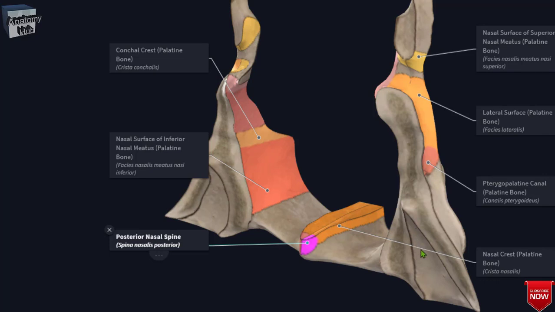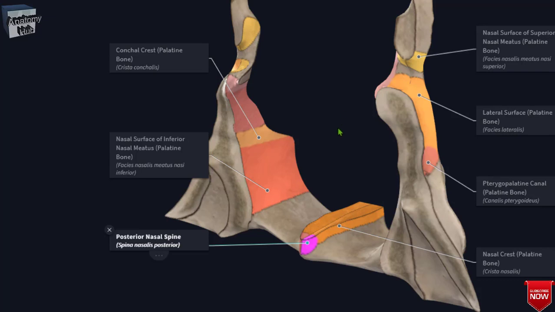Mainly this pyramidal process comprises the lesser palatine canal, where the corresponding nerves and vessels pass through. That means you will find the lesser palatine nerve and the vessels. Now we'll see the borders.